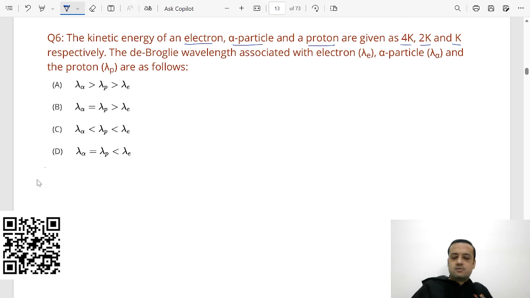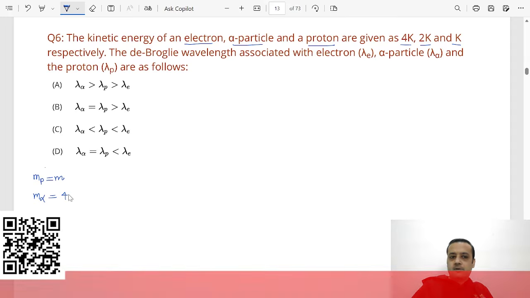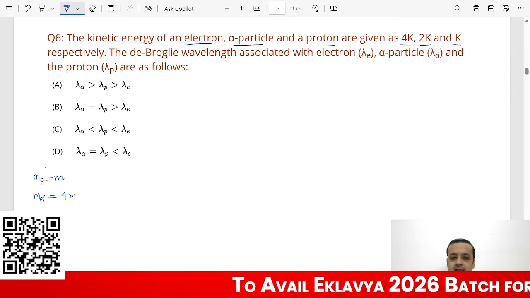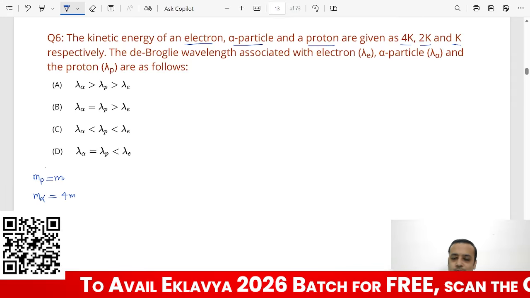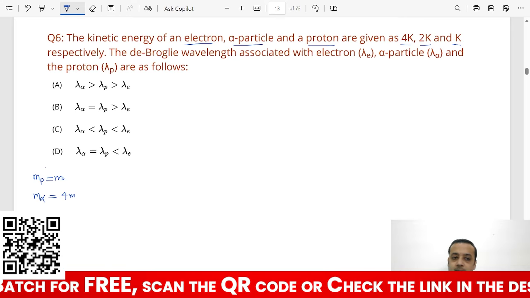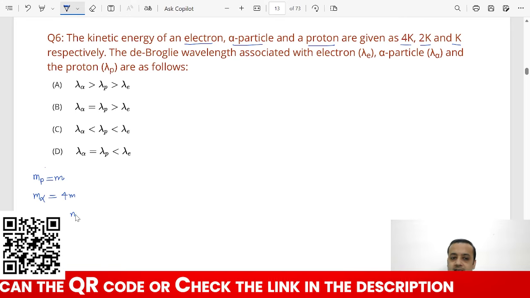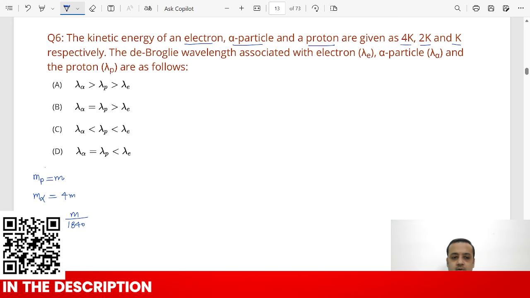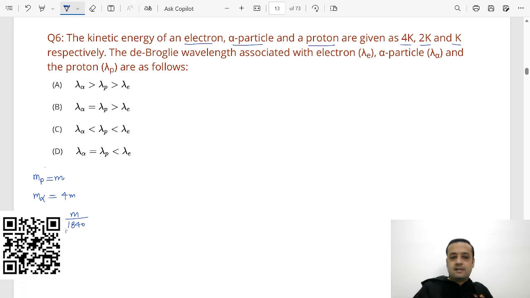Now, one thing you should understand is that if I call the mass of proton m, then the mass of alpha particle is 4m, because the alpha particle is the helium nucleus, so it is around 4 times heavier than the proton, because the helium nucleus has 2 protons and 2 neutrons. And the mass of the electron is nearly 1840 times less than the mass of the proton. It is approximately 1840 times lighter than the proton.